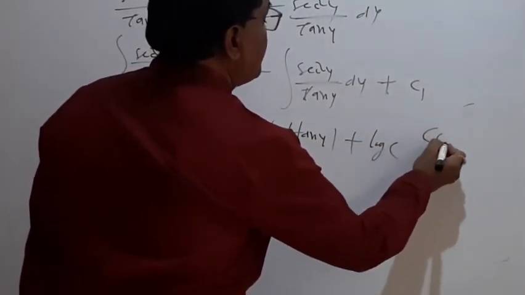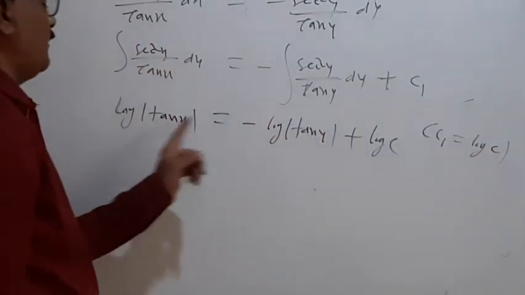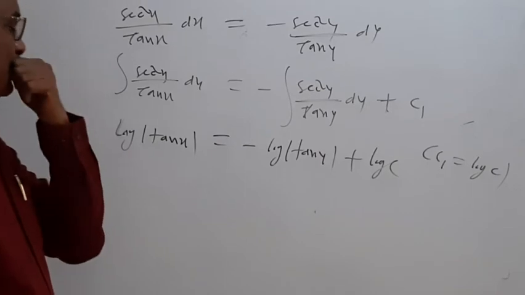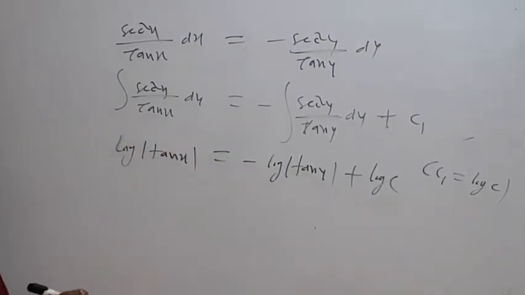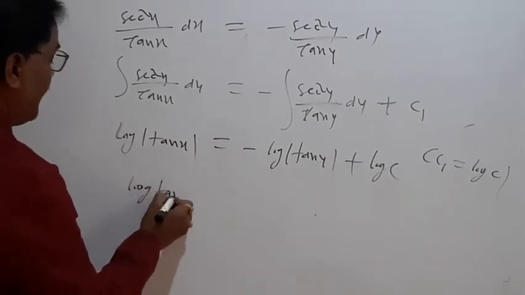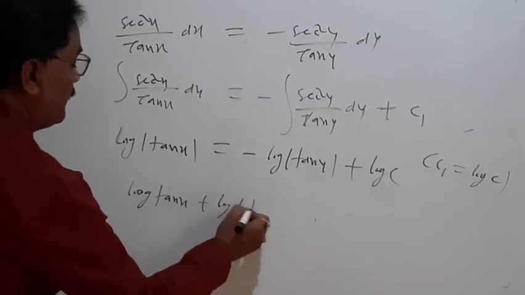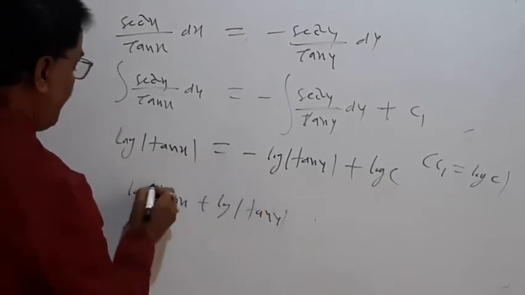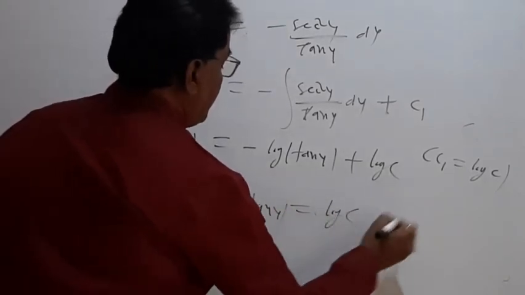Change the constant c1. C1 is equal to, say, log c. Constant changed. Then this term is transferred to the left hand side: log of tan x plus log of tan y is equal to log c.